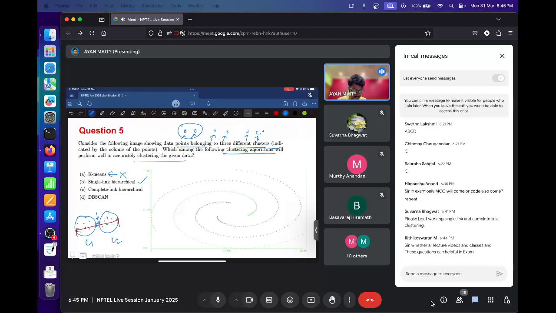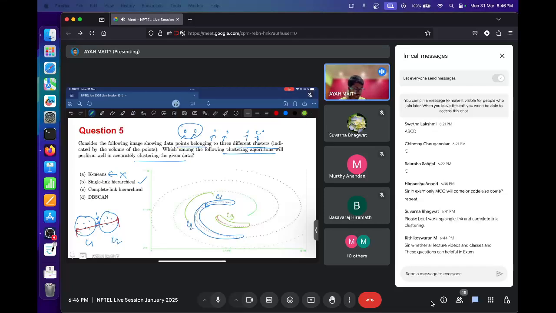Option C, complete link hierarchical, will not be able to do that because, let's say at some point we have this cluster, because complete link and single link hierarchical clusterings work by merging the closest clusters. So let's say this is one cluster C1 at some point, this is another cluster C2 at some point. Similarly, this would also be one cluster C3. So ideally we want C1 and C2 to be merged because these two clusters actually should belong to one cluster.